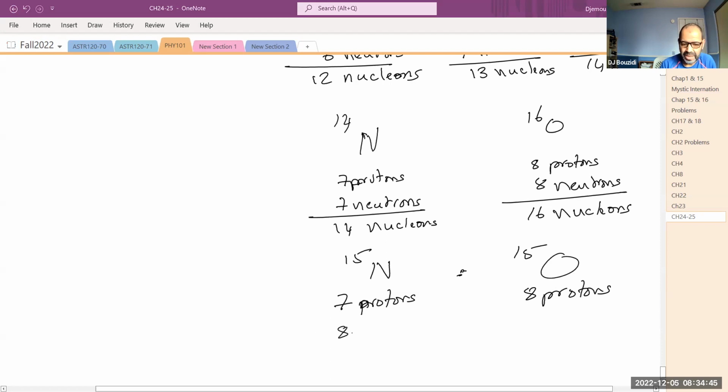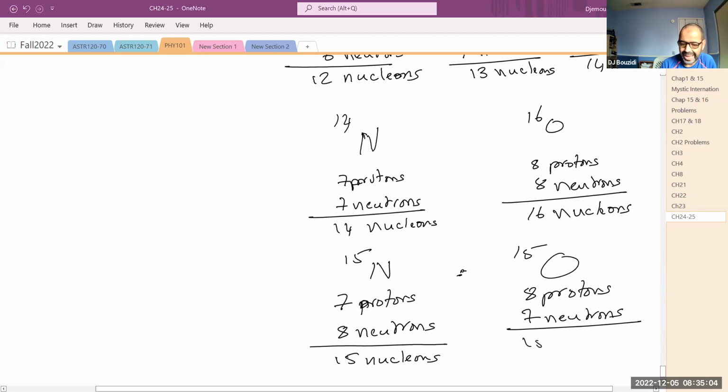However, in here, I must have 8 neutrons, because 15 deducted from 7 is 8, for a total of 15 nucleons. This one is also an isotope in here, but I have to add 7 neutrons to form, again, 15 nucleons.